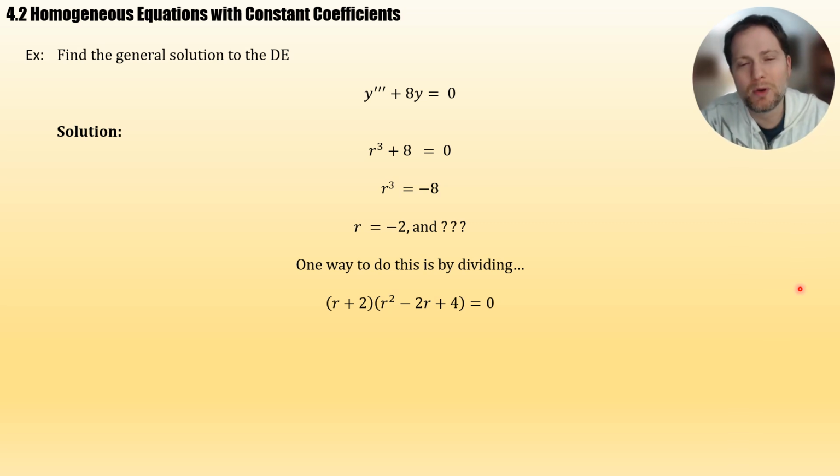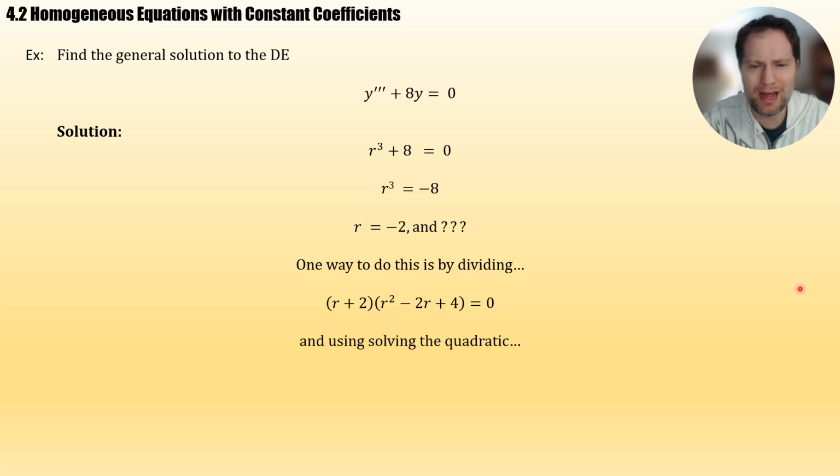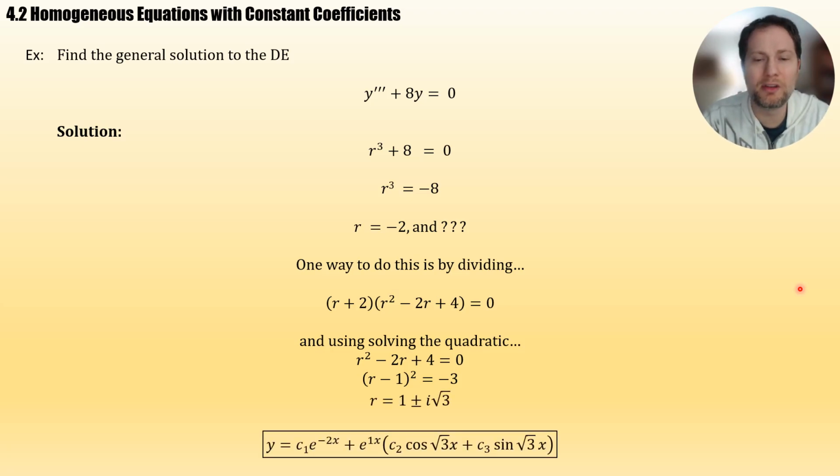All right. Well, one way or another, or if you didn't remember the factoring pattern for a sum or difference of cubes, that's fine. You could just do it by division. But one way or another, you've got to this, and now how are you going to solve that quadratic? I'm going to solve it by completing the square here, but you could use the quadratic formula. One way or another, you're going to get the other roots you need.